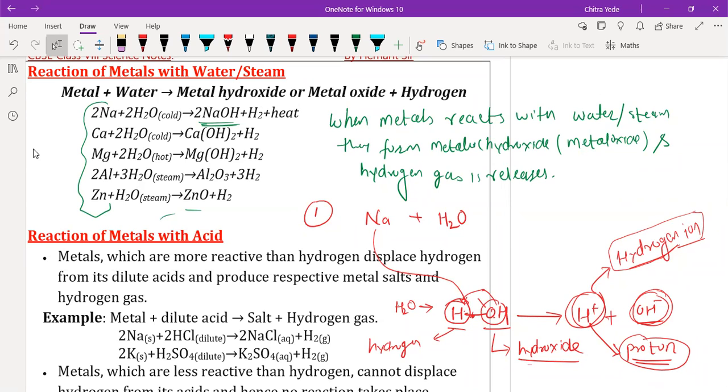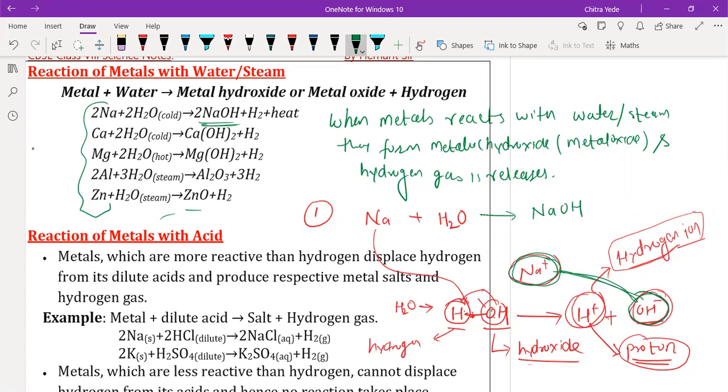So sodium will lose an electron and form a positive ion, and this positive ion and the OH negative ion are going to combine because interionic force will attract them. The positive ion we have is sodium and OH is a negative ion, so opposite ions attract each other. So they will form sodium hydroxide.